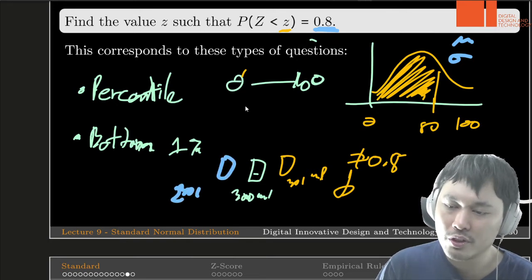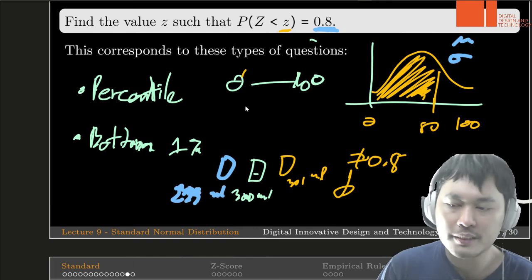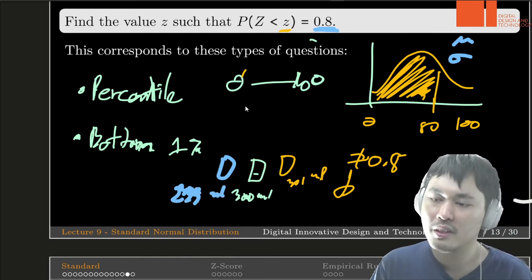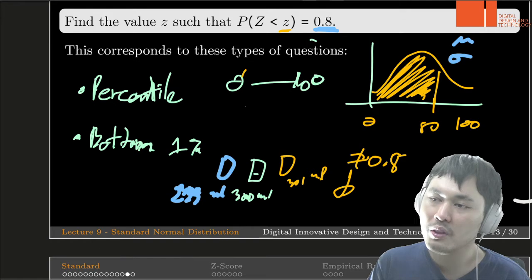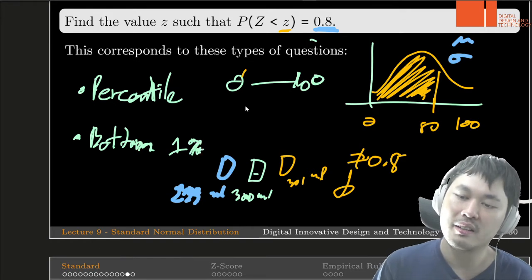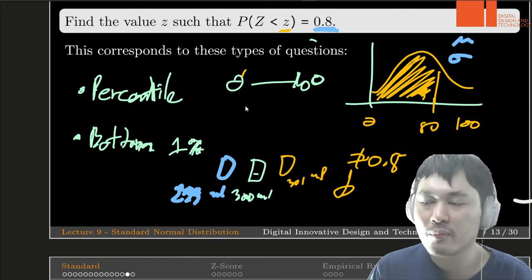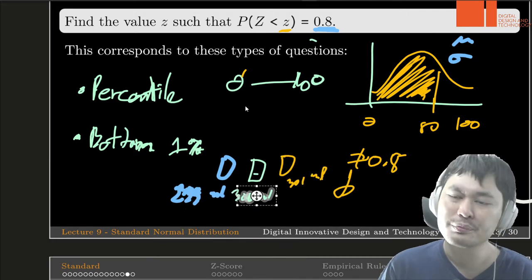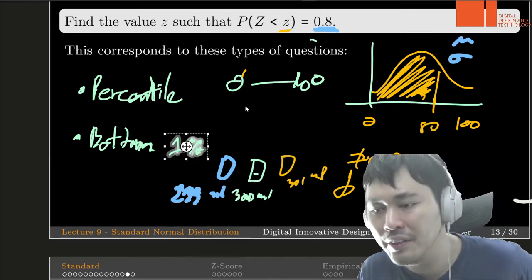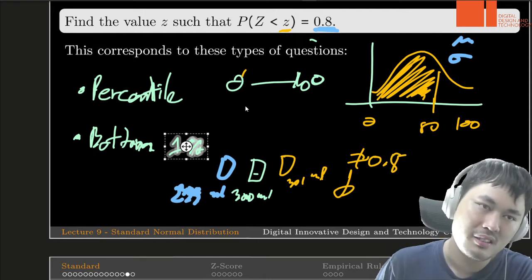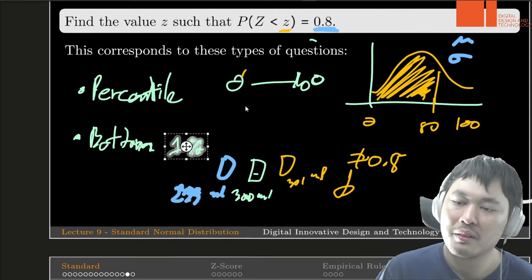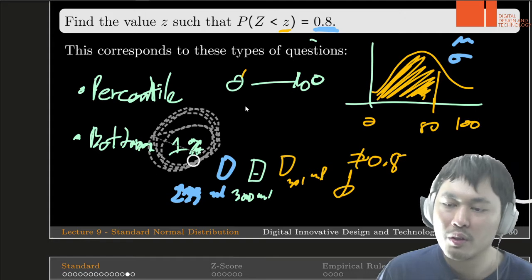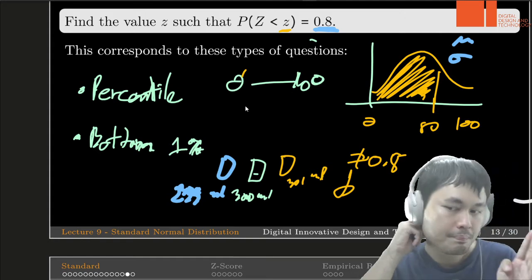So you have to compute all these things, and let's say you want to discard the 1% that does not meet the standard of your factory. You have the number, right? You want to discard 1%, but then you ask, wait, how do we know what the 1% cutoff is?